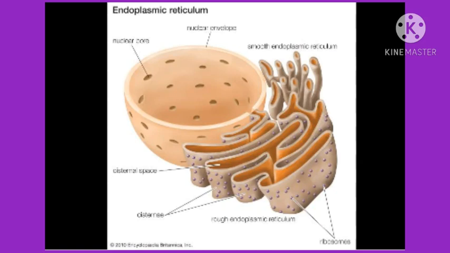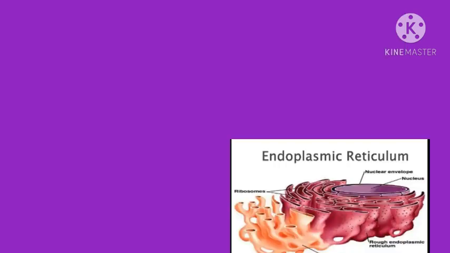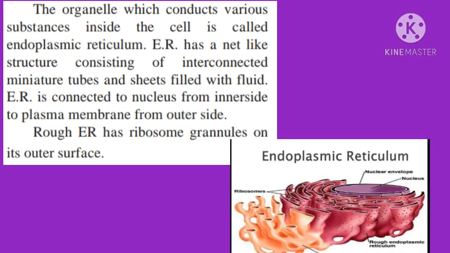Next organelle is Endoplasmic Reticulum or ER. The organelle which conducts various substances inside the cell is called Endoplasmic Reticulum. ER has a net-like structure consisting of interconnected miniature tubes and sheets filled with fluid. ER is connected to the nucleus from the inner side and to the plasma membrane from the outer side.